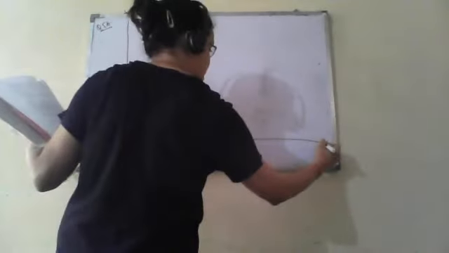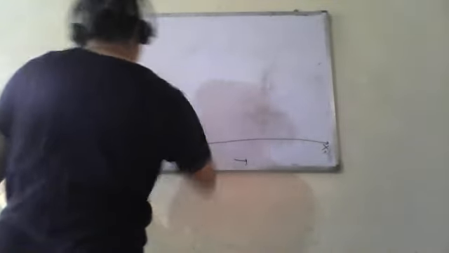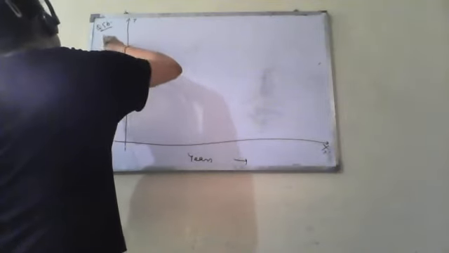We have the x-axis and this is the y-axis. On the x-axis we are taking years, and on the y-axis we are taking population in thousands. Okay.